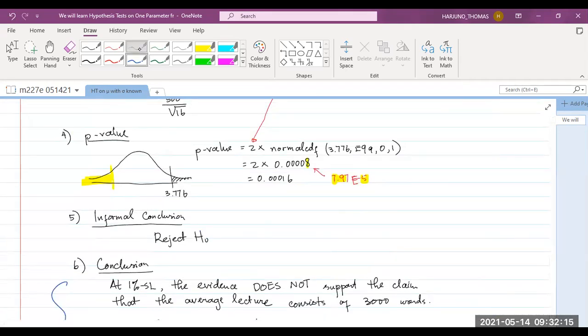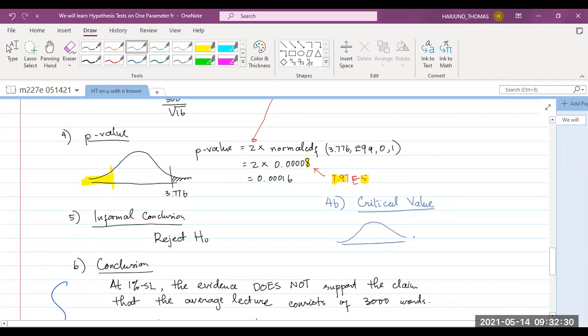Now, how about if I want to compute the critical value? Then you draw the standard normal distribution, two tails. You have two critical values such that the area of each tail is 0.5%, because the significance level of 1% is shared by two tails.